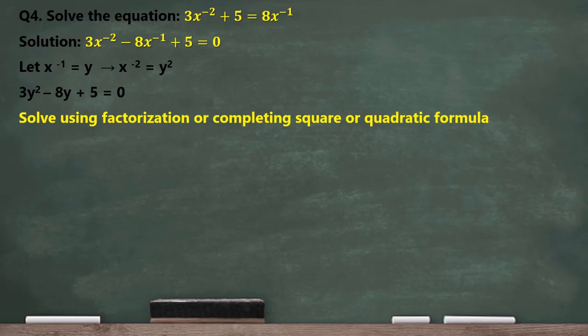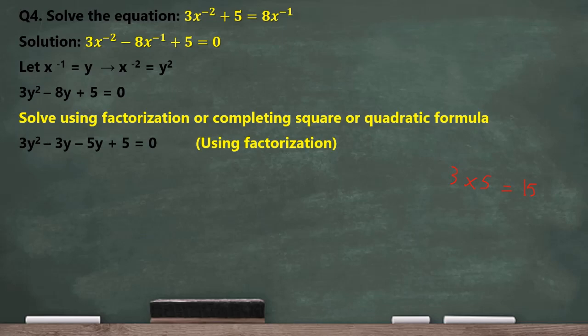So using factorization, middle term breakup, the coefficient of y square is 3 and the constant term is 5, that is 15, and we need minus 8 in the middle term.